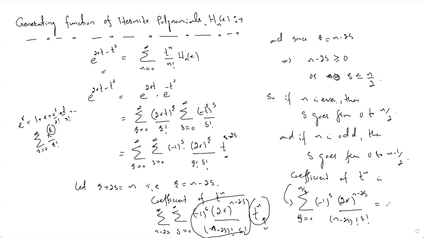So this coefficient I can say is equal to hn of x divided by n factorial. Why?